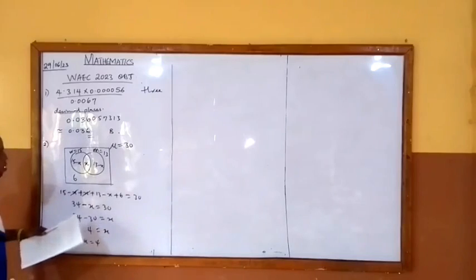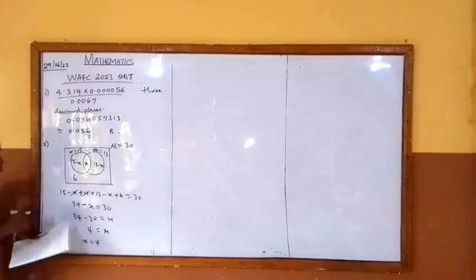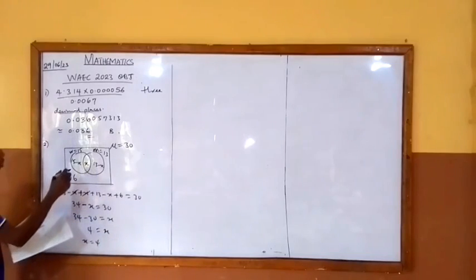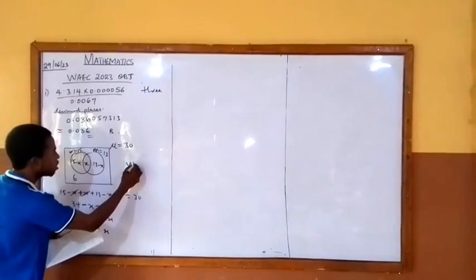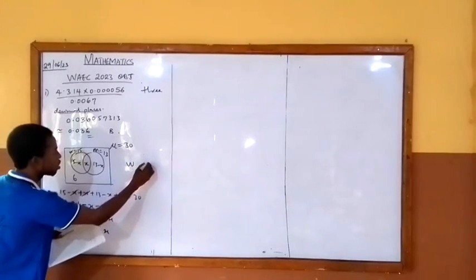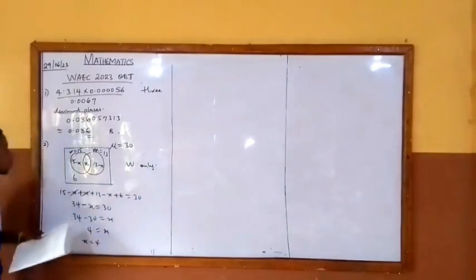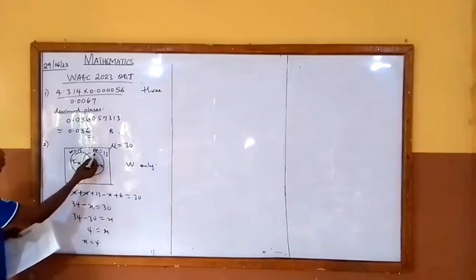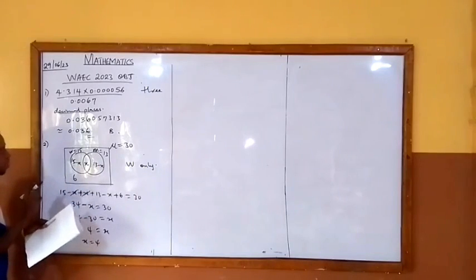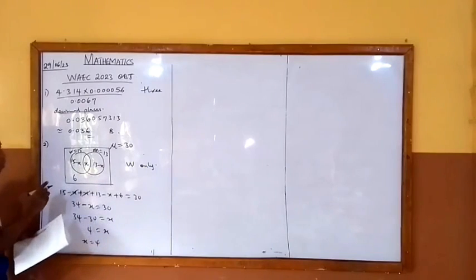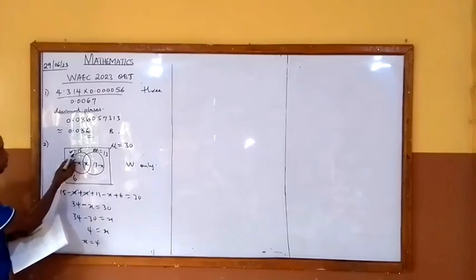Woodwork but not metalwork means woodwork only. When you look at this diagram, you can see that metalwork is entering the woodwork, so woodwork but not metalwork is only this area.